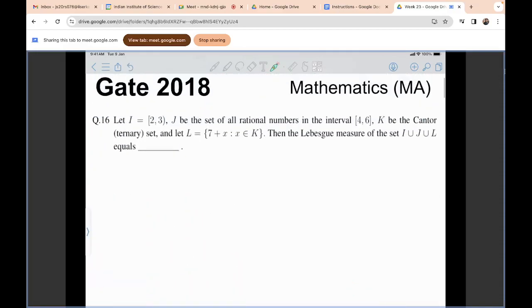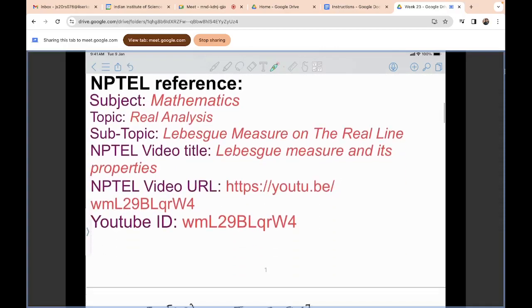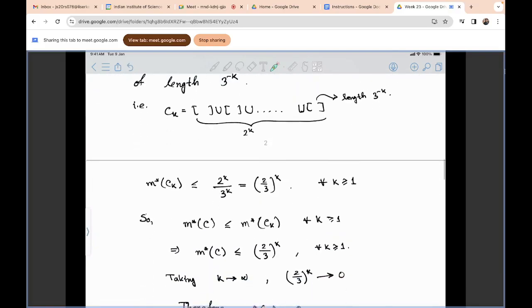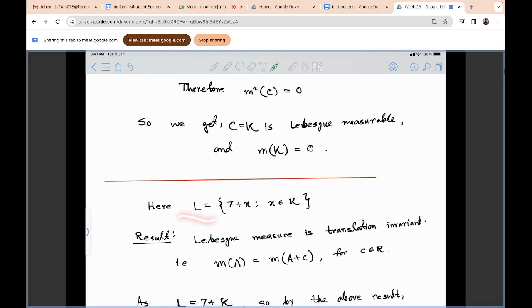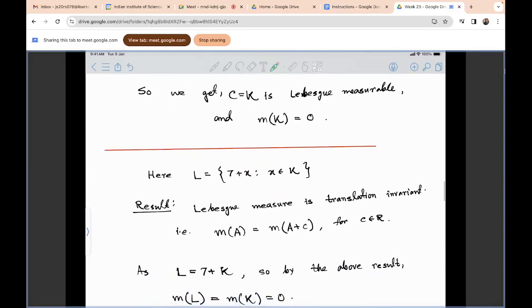But here we need to find L, which is the translate of K, so we have to find the measure of that set. So let's find this one. L is 7 plus x, where x is in the Cantor set. There is one result from measure theory, that Lebesgue measure is translation invariant.